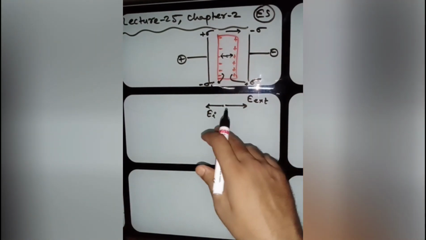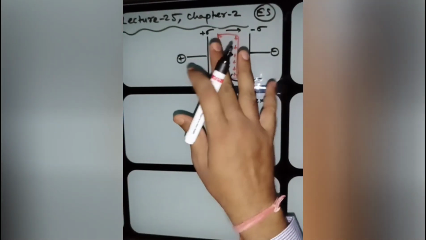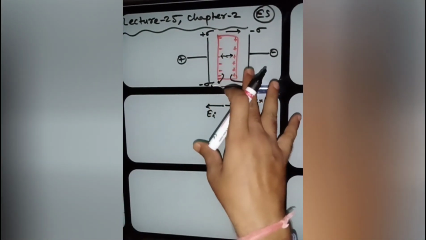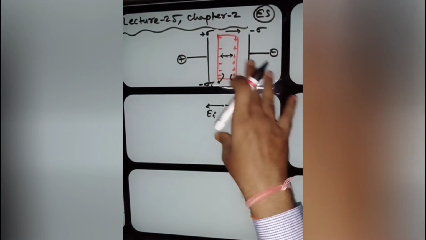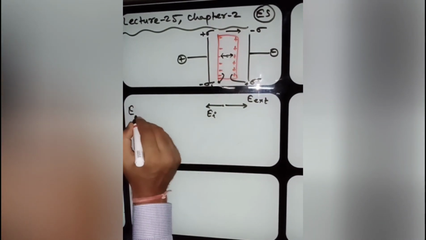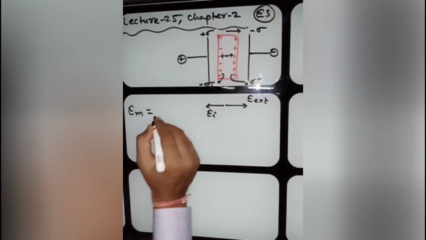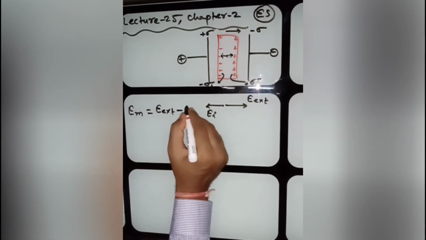For this particular material we have also considered one component. It was the dielectric constant. That must be remembered. Now the net electric field we have written due to the medium, it was E external minus E induced.